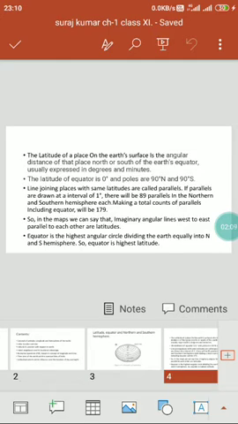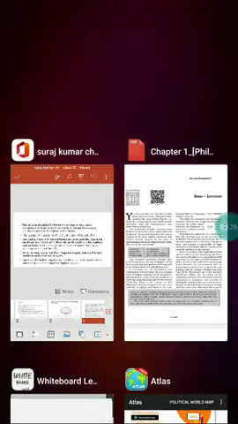The latitude of a place on the earth's surface is the angular distance of that place north or south of the earth's equator, usually expressed in degrees and minutes. What does it mean? Simply, you can understand it from here. This is the equator, above the equator is the northern hemisphere, below the equator is the southern hemisphere.